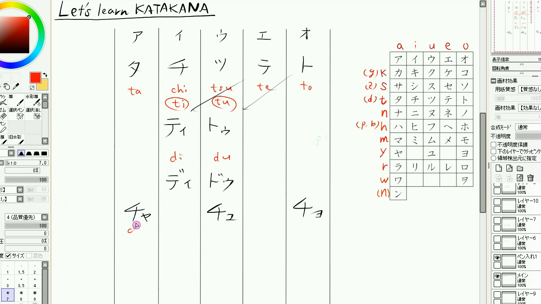So we have cha and we have chi here, and chu, and cho. What happened to che? Here's how to do that. You put chi plus small e, che. Of course, if you put the voice sound marker, that will be je again.